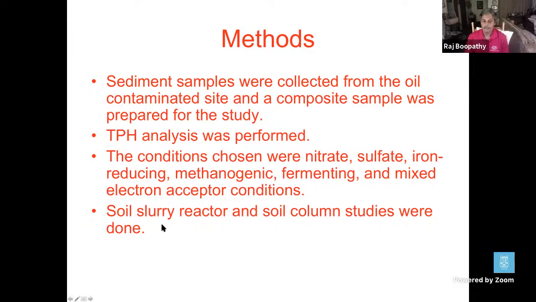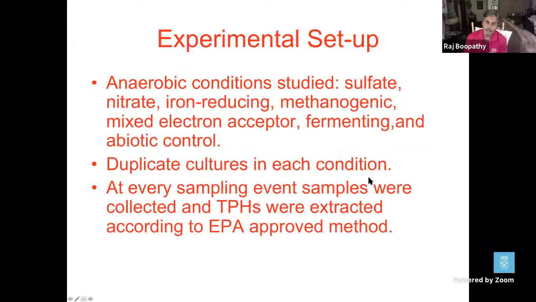We set up a soil slurry reactor, and then we did a soil column study. We took a core sample, and then we mimicked each of these conditions in the core sample. So these are the slurry reactor conditions, and we had duplicate culture bottles. Because of the 2 sites, there are so many bottles that we couldn't do triplicate.